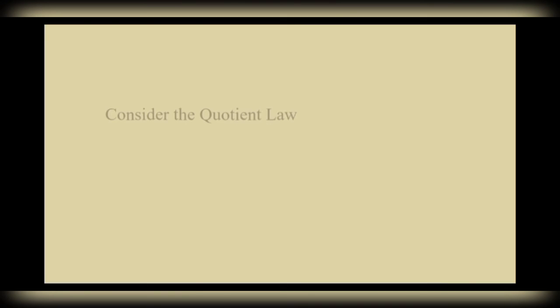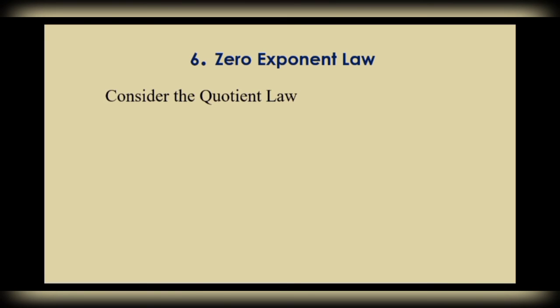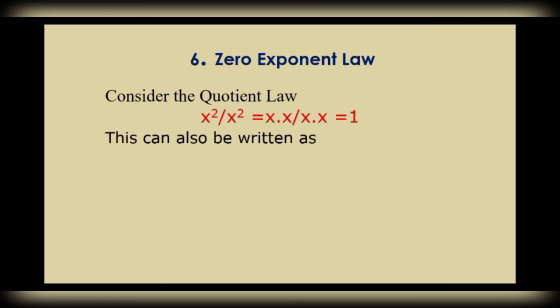Now the sixth law is the zero exponent law. For this we consider the quotient law. x squared divided by x squared equals x multiplied by itself 2 times in the numerator and x multiplied by itself 2 times in the denominator. We can easily cancel out both these values and we have 1. This can also be written, by using the quotient law, as x raised to the power 2 minus 2.